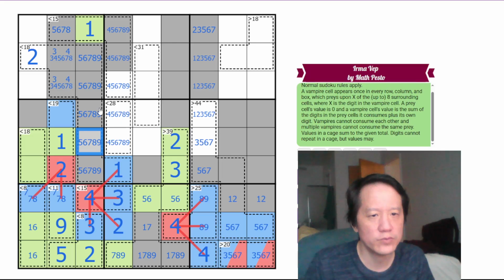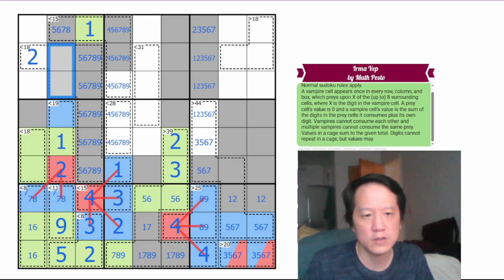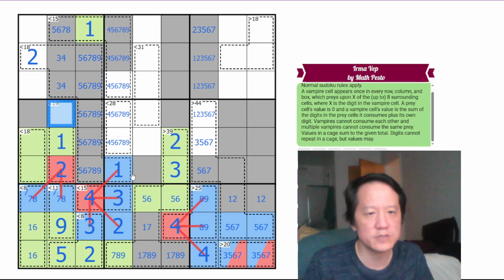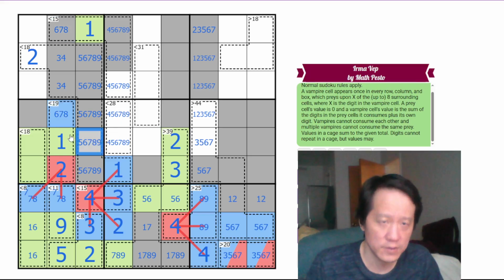So this becomes a 3-4 pair. Because this is 5, 6, 7, 8, 9 here. This has to be 5, 6, 7, or 8, but no 5 here, no 5 here.